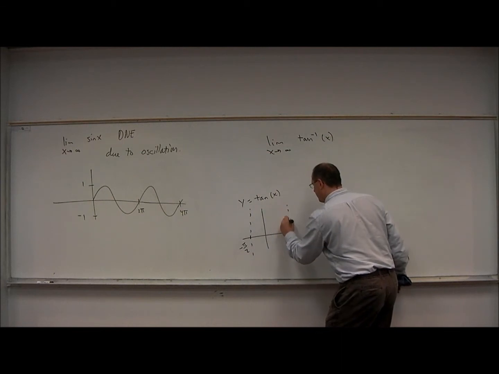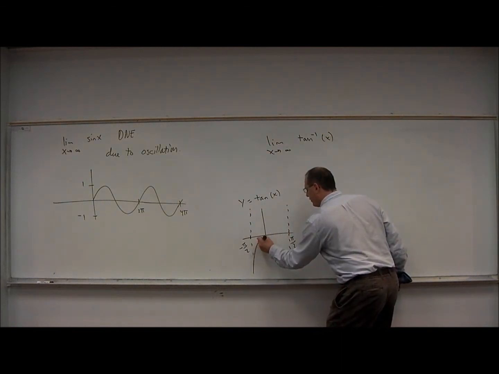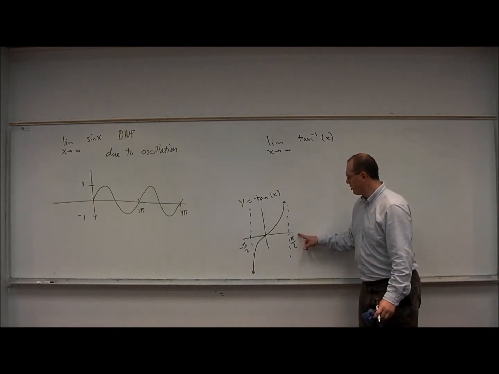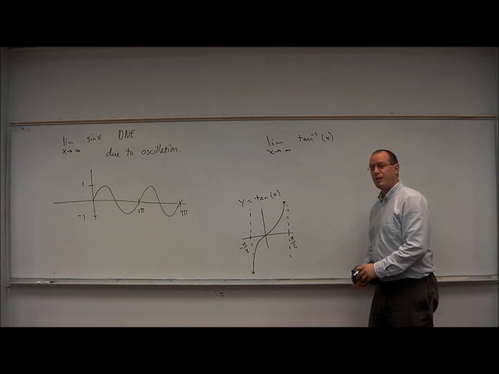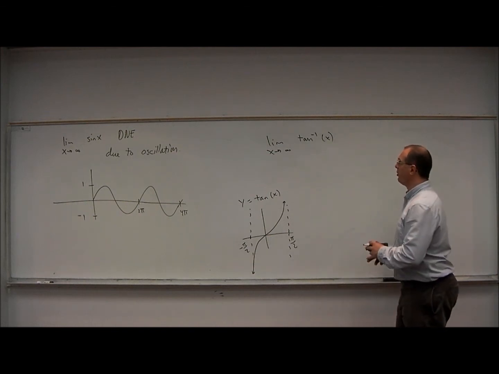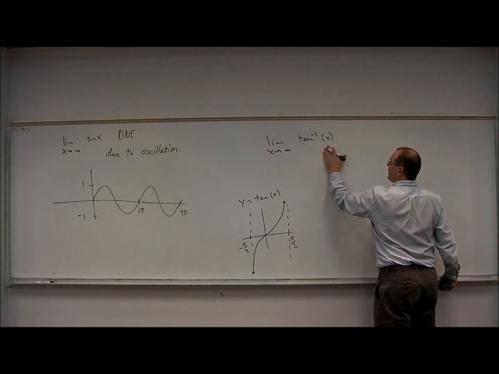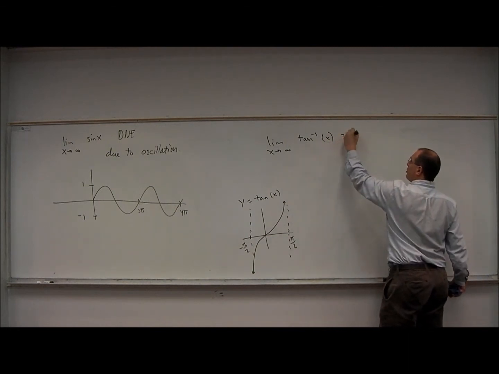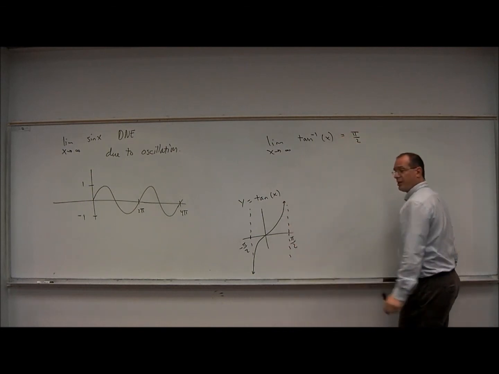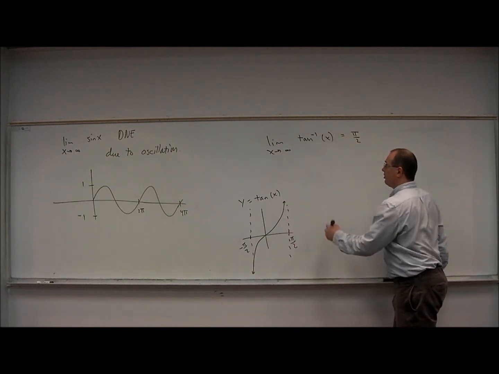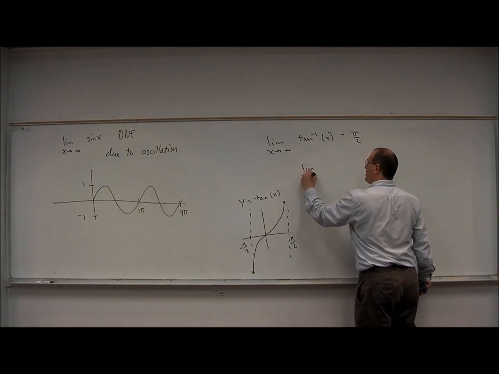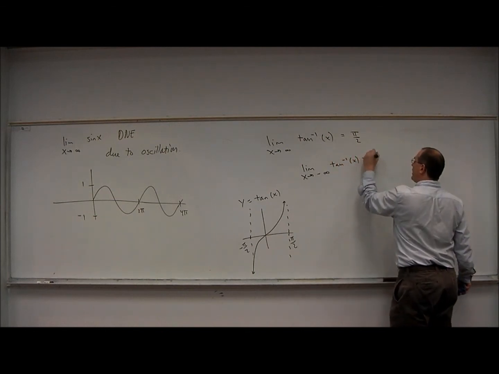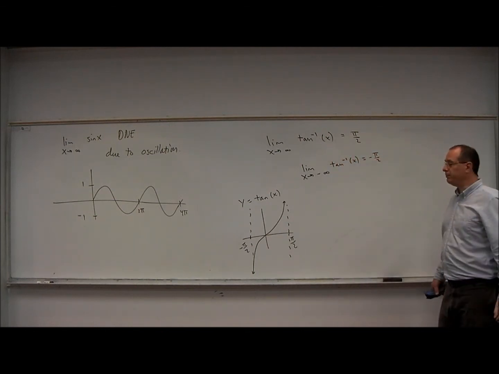It has vertical asymptotes, and you can see that there's a vertical asymptote at pi over 2 and a vertical asymptote at minus pi over 2. And because of those, when x goes to infinity, the inverse tangent goes to pi over 2, corresponding to this vertical asymptote. And on the other end, the limit as x goes to negative infinity of the inverse tangent of x is negative pi over 2.